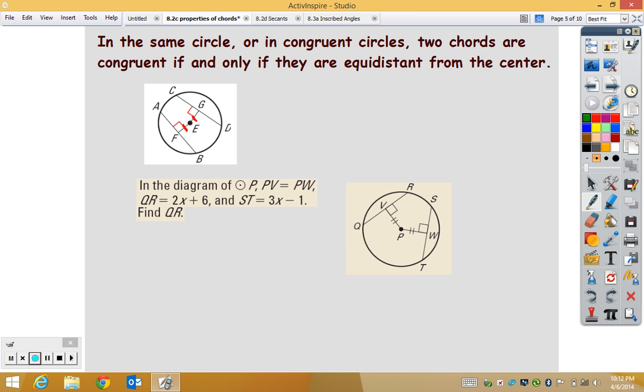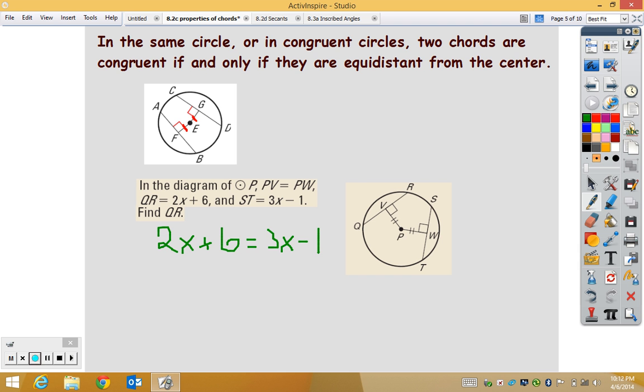We want to find QR, and QR equals 2x plus 6, and ST equals 3x minus 1. So again, first we have to find the value of x. We do that by setting them equal to each other. 2x plus 6 equals 3x minus 1.